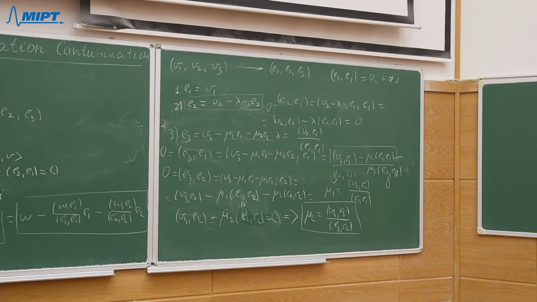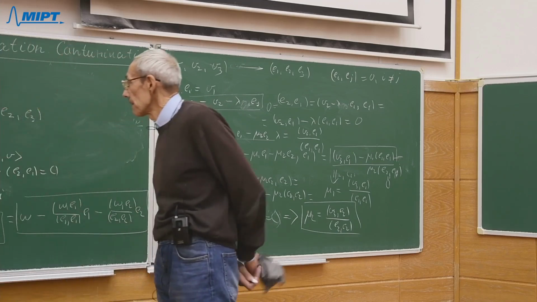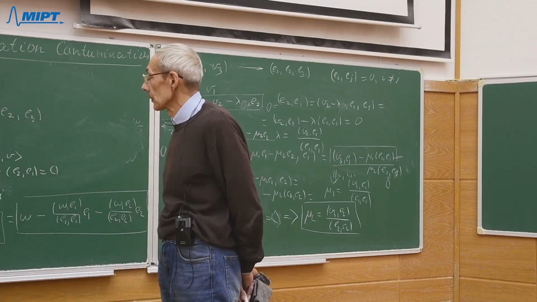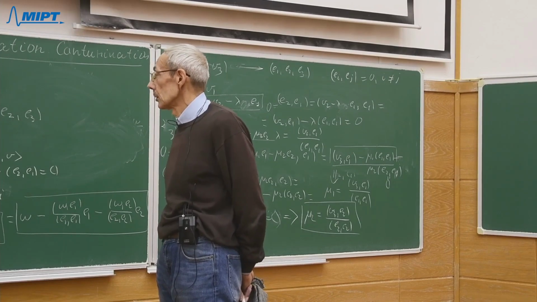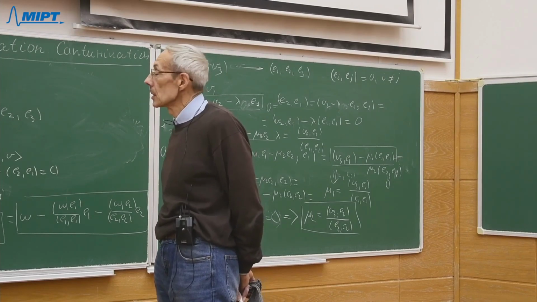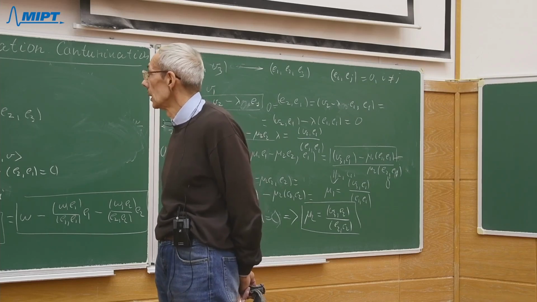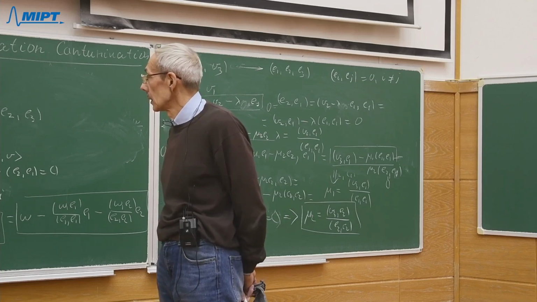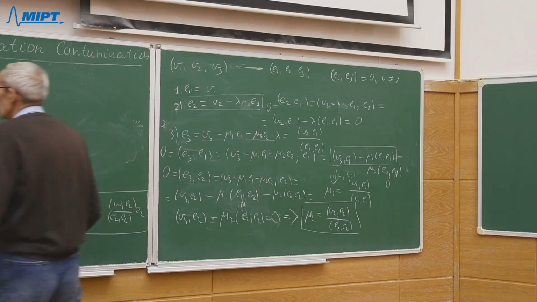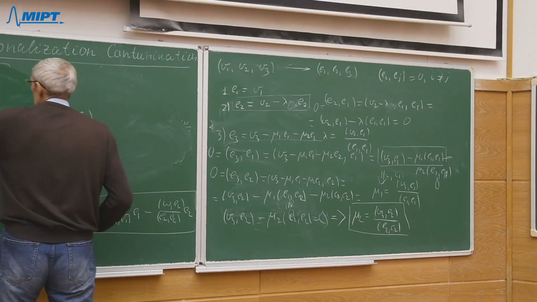This theorem establishes the algorithm of orthogonalization, which I tried to explain before on some simple examples using two approaches, geometrical and algebraic. And now we can formulate and prove the main theorem about the orthogonalization procedure.